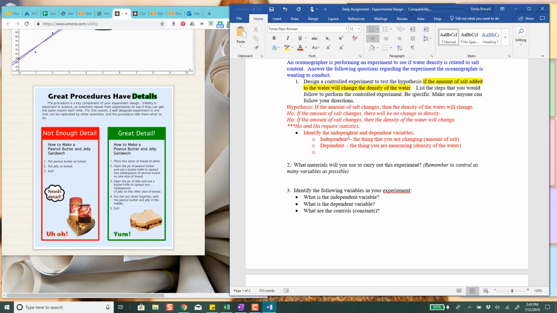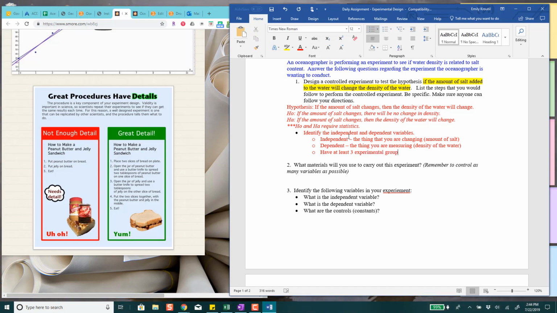So this is a controlled experiment, so it's not going to be an in situ experiment. It's not going to be an observational experiment. Okay, so you're going to want to have at least 3 experimental plots or experimental groups and 1 control.